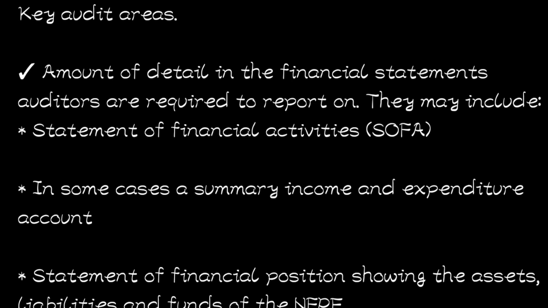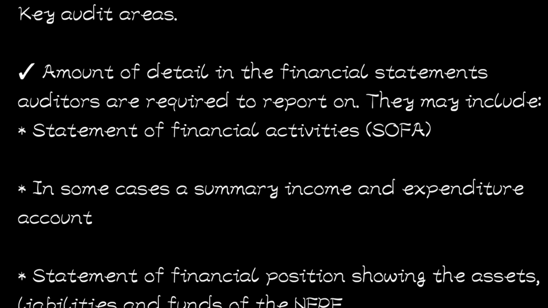Let's look at the key audit areas when it comes to not-for-profit entities. So we shall first look at the amount of detail in the financial statements auditors are required to report on. And these include, first, the statement of financial activities that shows the financial activities of the not-for-profit entity and how much was spent on every activity.